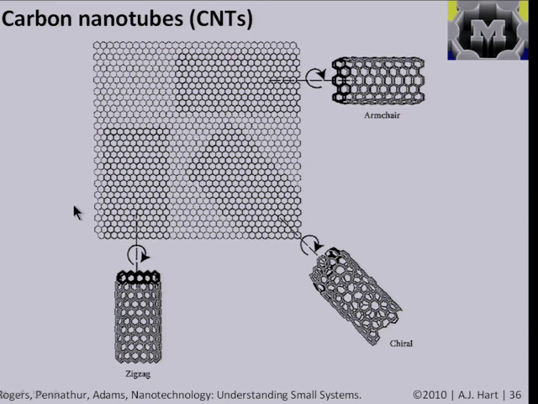And so now we want to develop a way to denote this rolling angle because, as we'll see later, the properties of the nanotubes depend on how we roll up this graphene sheet, or because we're not rolling up, just depend on the orientation of the axis of the nanotube with the lattice.